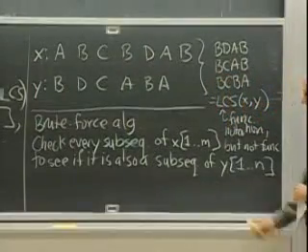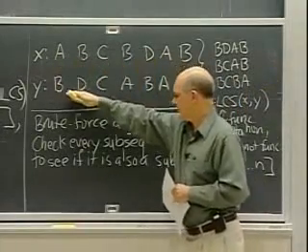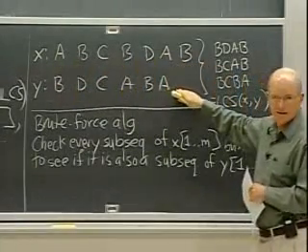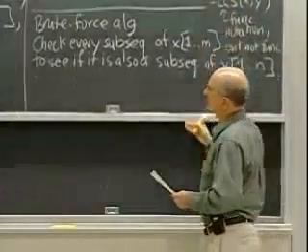Maybe some of you did this in your heads. So just take every subsequence that you can get here and check it to see if it's in there. So let's analyze that.